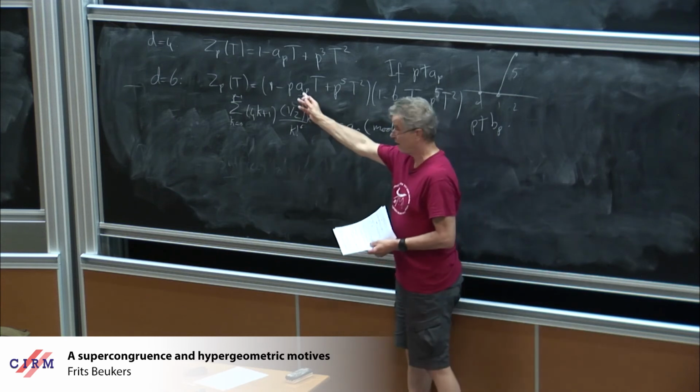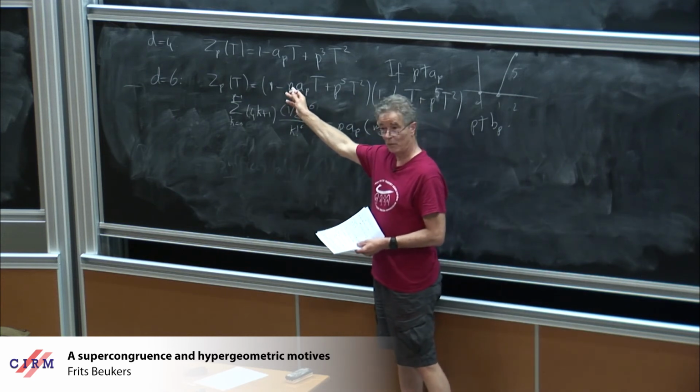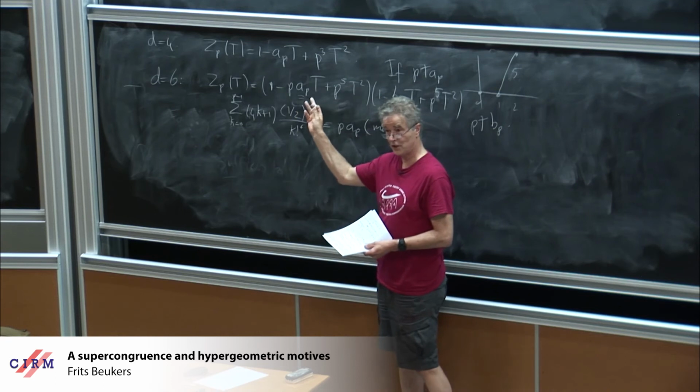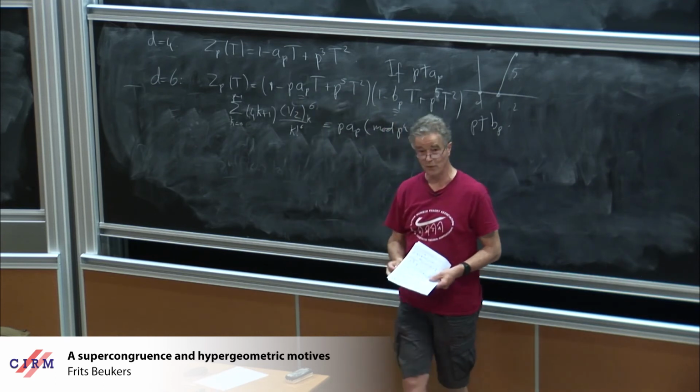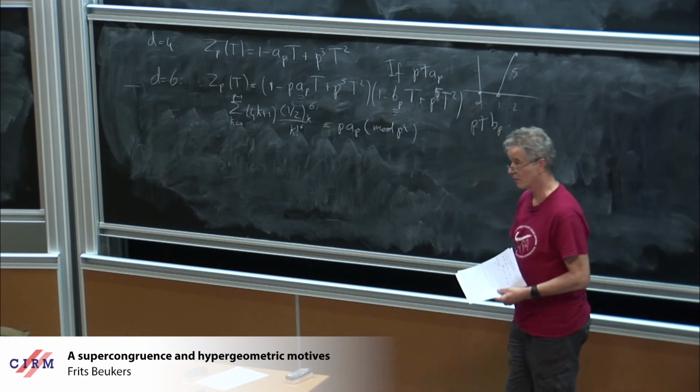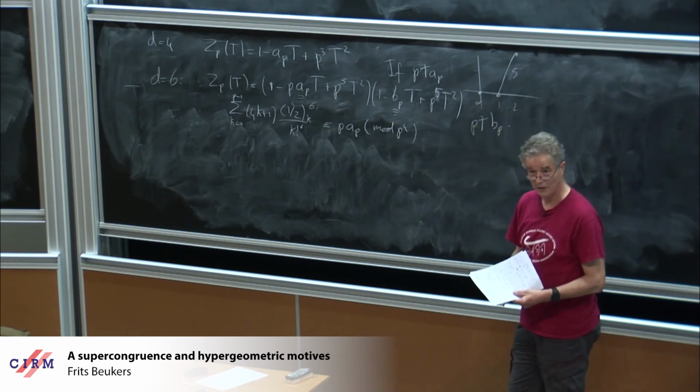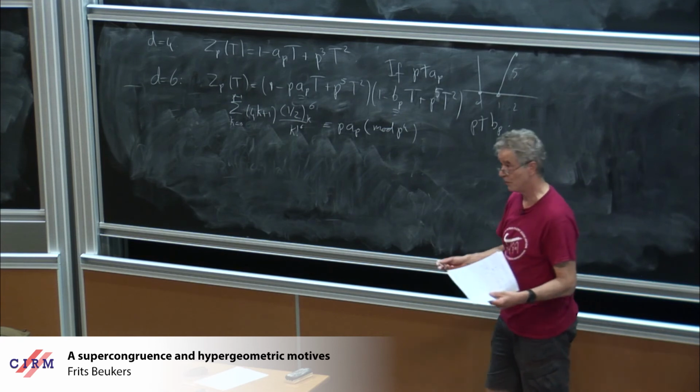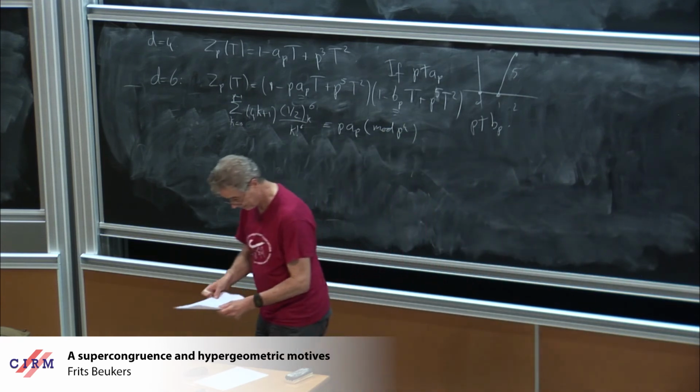So if you draw the Newton polygon of this, I get a slope 1, and the difference here is 4, a slope 4, and this is precisely the p to the 4 that corresponds to the particular slope. And you get this funny congruence. I don't think anyone has any idea how to show this, but it's again something you can observe numerically.